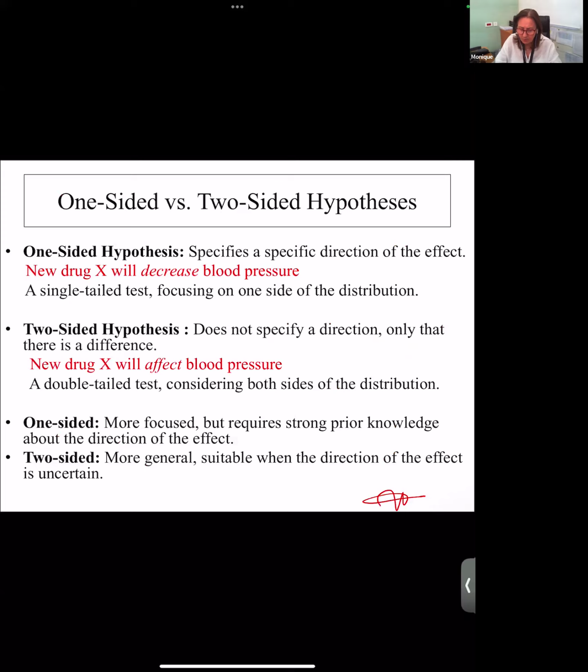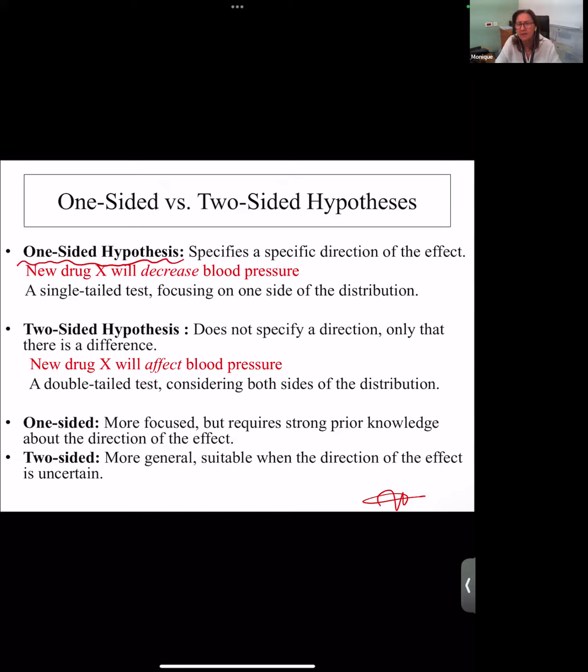What's a one-sided or two-sided hypothesis? A one-sided hypothesis specifies the direction of the effect. Let's say we are looking at an association between a new drug and whether it decreases blood pressure. The hypothesis, as it is stated, is called a single-tailed or one-sided hypothesis, because we are expecting a direction of the association.